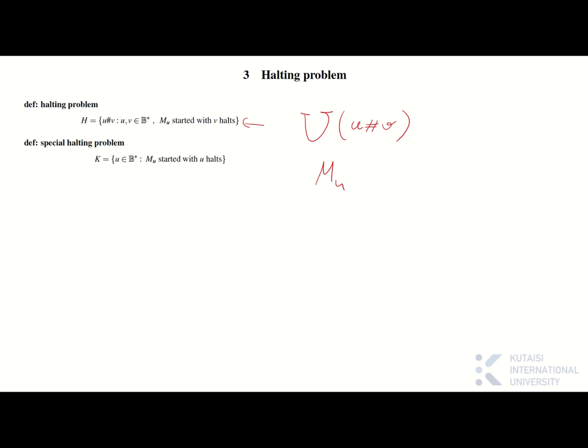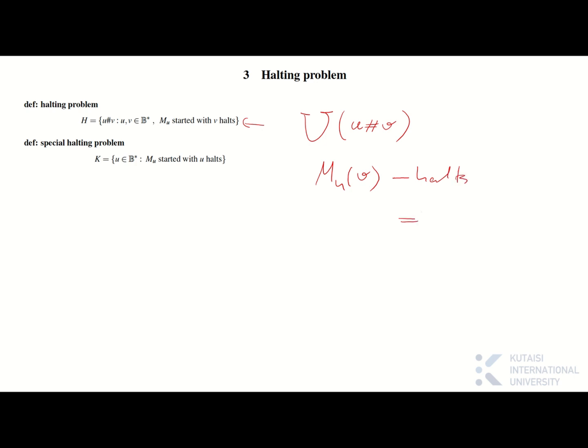This machine is able to decode the Gödelization and act like MU and run it on V. This is all it does. This universal Turing machine just emulates other Turing machines. It takes the code of the other Turing machine as an input, and it emulates that Turing machine.